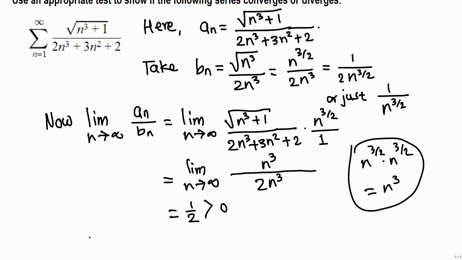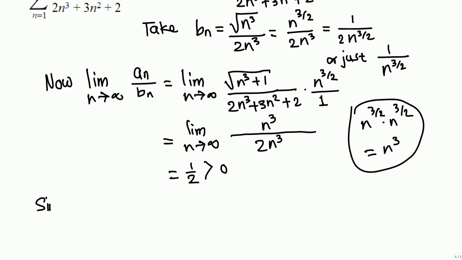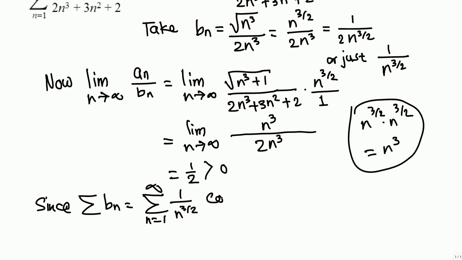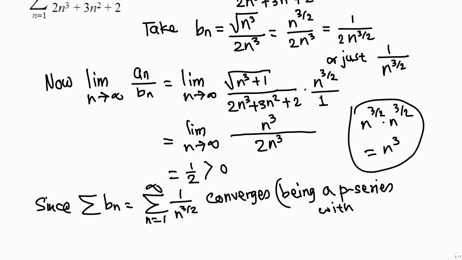So let me write that conclusion. Since the series with bn, that is 1 over n raised to 3 halves, the square root of n cubed, converges, being a p series with p equals 3 halves, bigger than 1.